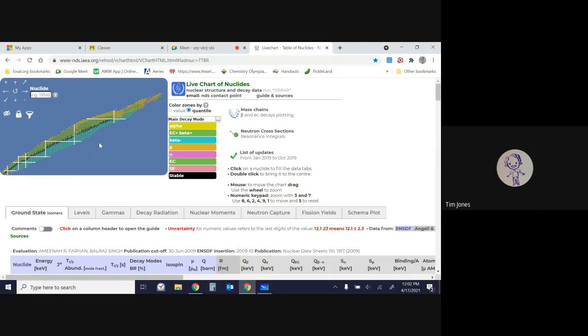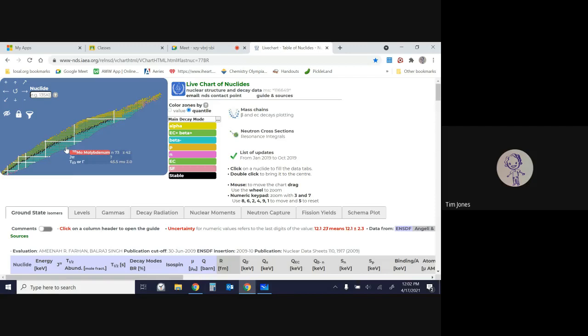And every one of these little boxes, and they're tiny, every little box is a different isotope of all the different elements. And so, for example, you see right here, I'm at technetium. I can slide over, it's hard to stay on that element, but as I slide over, I go through all the different isotopes that are known. And we can zoom in on this and look at different isotopes and so on.